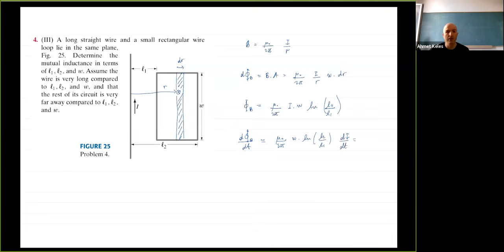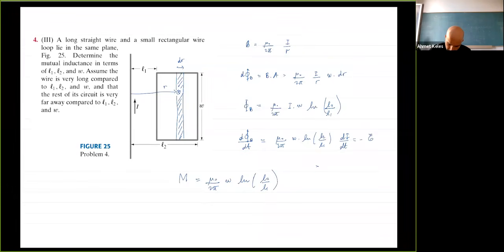And we know this is going to be equal to the induced EMF. And the definition of mutual inductance is the coefficient of this di dt when you find the induced EMF. And that coefficient is here. So M is going to be equal to mu0 over 2 pi W ln L2 over L1.